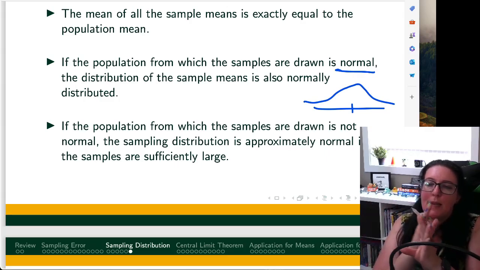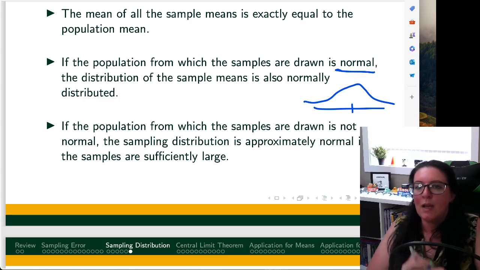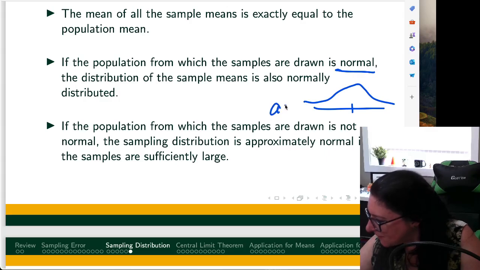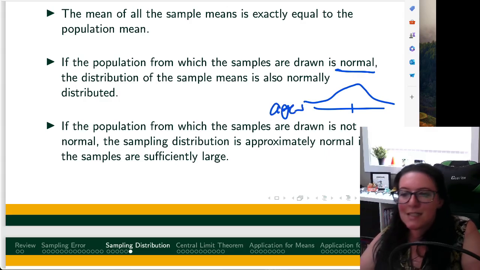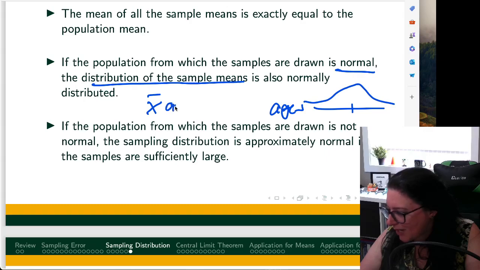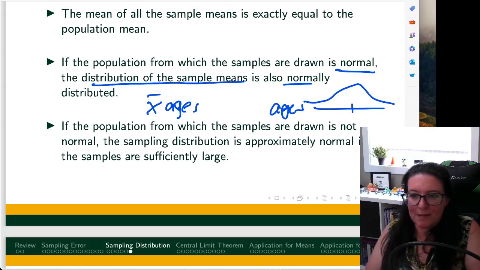The average, the median, the mode are the same. If your underlying data, ages, has a normal distribution, then your distribution of the sample means, your average ages, is also going to be normally distributed. Okay.